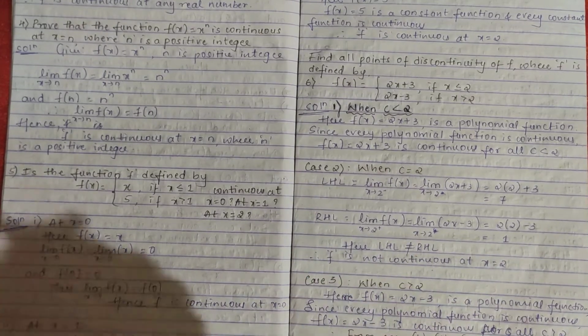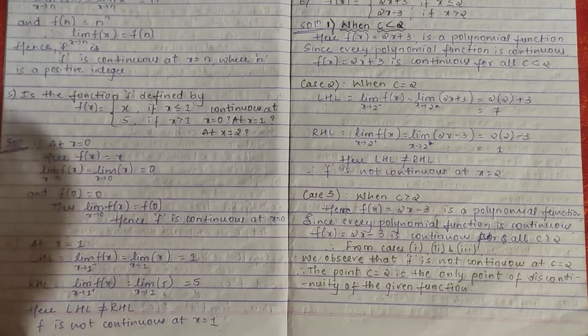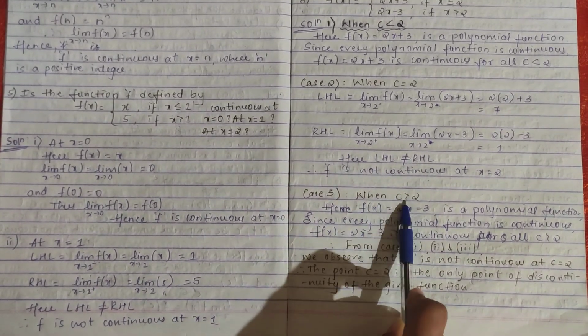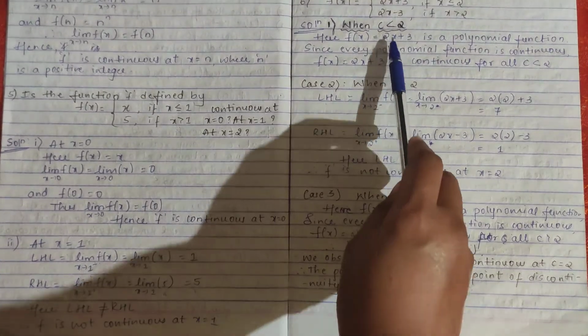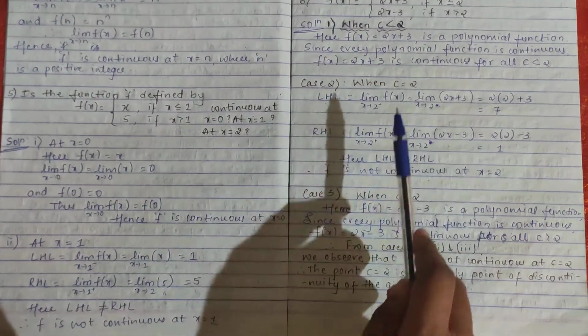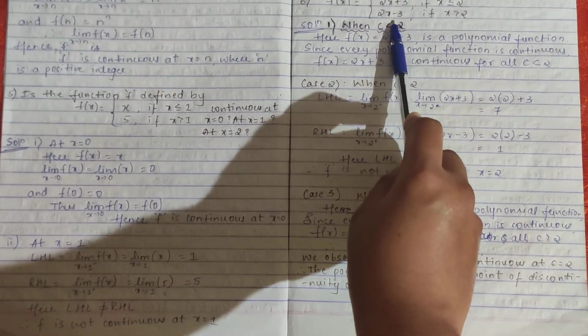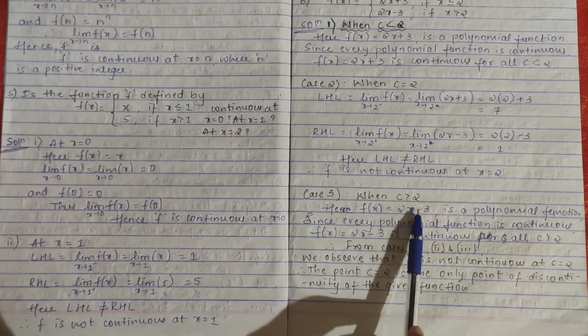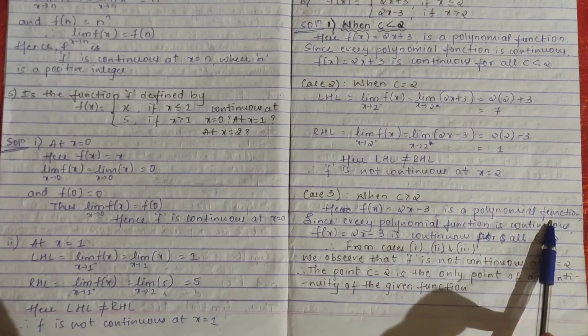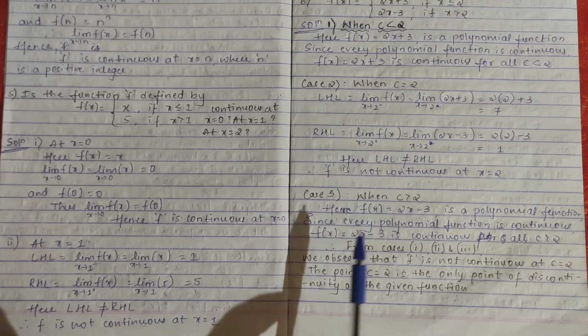Our third case is what? When c is greater than 2. C is greater than 2, what is our f of x? 2x minus 3. The same 2x minus 3 is also a polynomial. So here also directly I will write my theorem part. Here f of x equal to 2x minus 3 is a polynomial function. If polynomial function, what does it state?